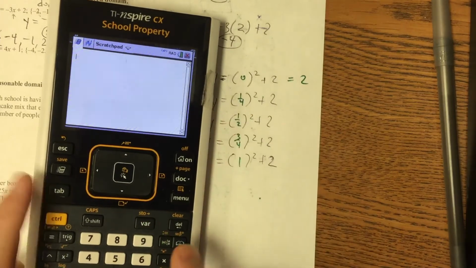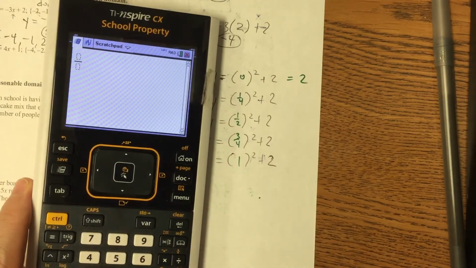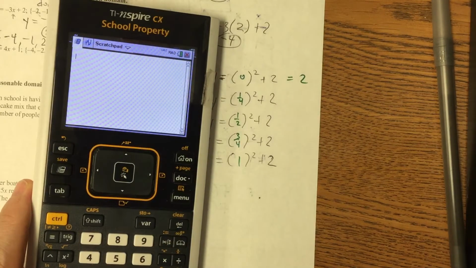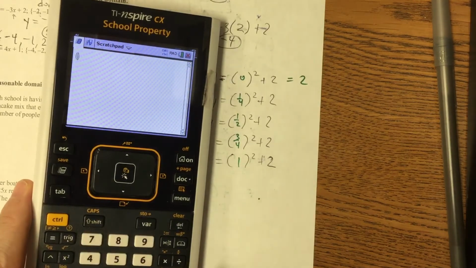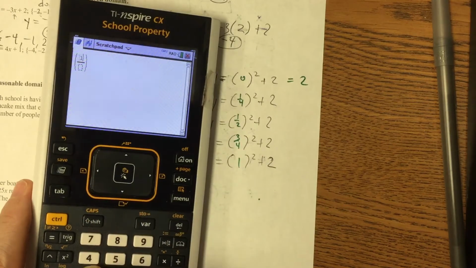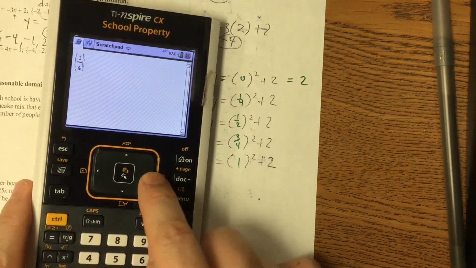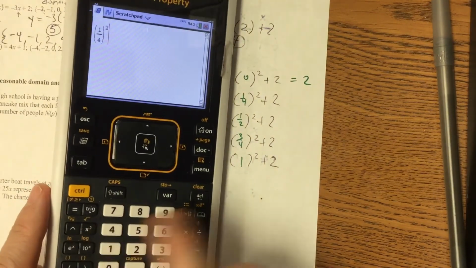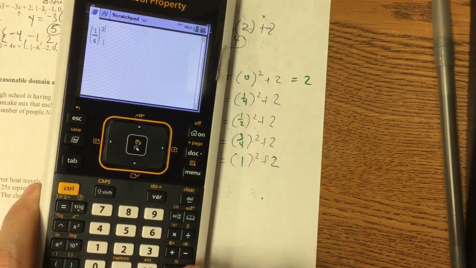All right, you could type it in if you're not sure. Easy enough. I could even show you how to type it in with parentheses and do the square symbol. I could do 1/4, and then outside my parentheses, I push my little x squared button. It gives me a little exponent of 2.